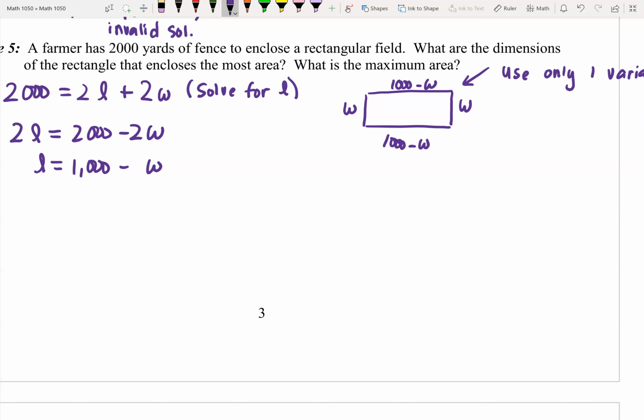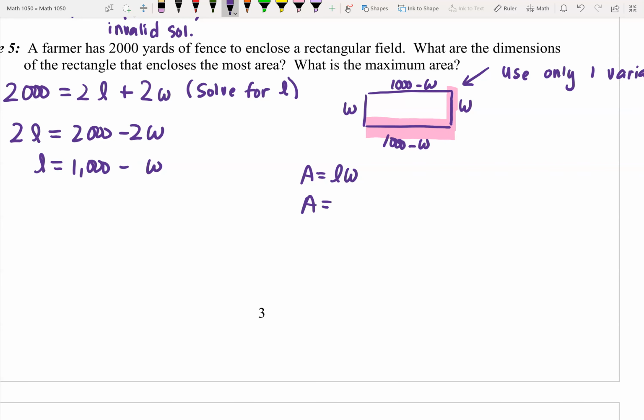Okay? You guys, what am I trying to maximize? Tell me that. Area. The area. Okay? What is the formula for the area of a rectangle? How do I do that, everybody? Length times width. Okay? So look what I'm going to do. I'm going to take this length right here and this width right here, and I'm going to multiply them together.